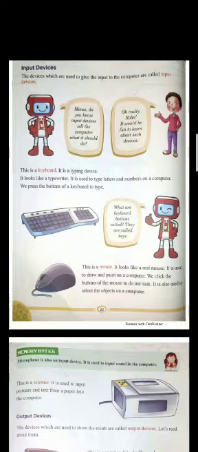So what Robo is telling us is that input devices are the devices which help us to tell the computer what it should do, what we ask it to do. Like if we want it to solve a sum, then we will write the sum there, like 2 plus 3.